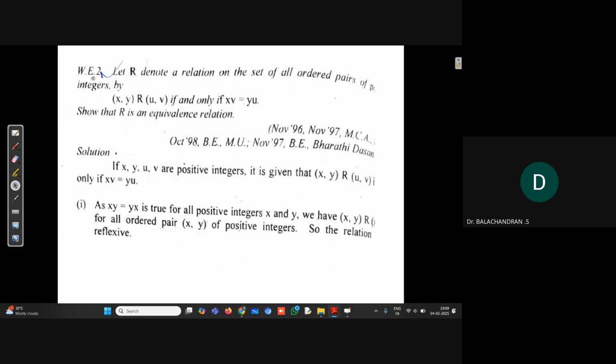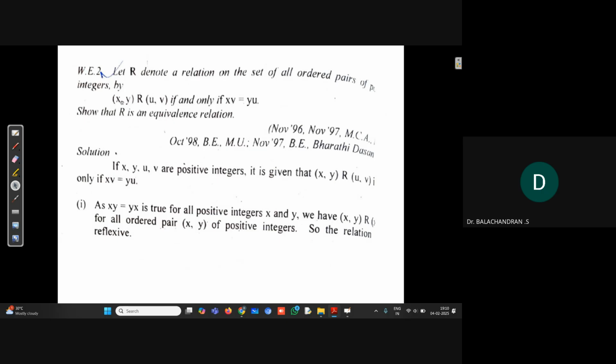Okay, second problem. Let capital R denote a relation on the set of all ordered pairs of positive integers by (x, y) is related to (u, v) if and only if x into v, first element into last element, is equal to second element into first element.